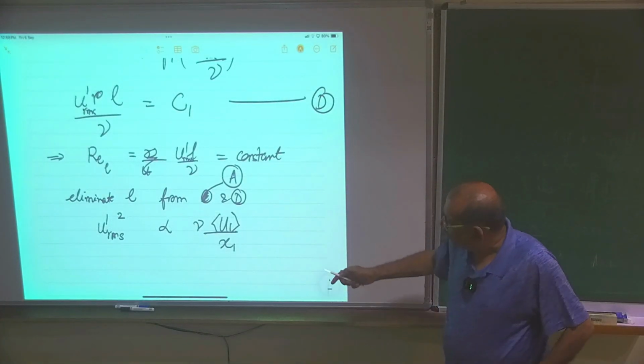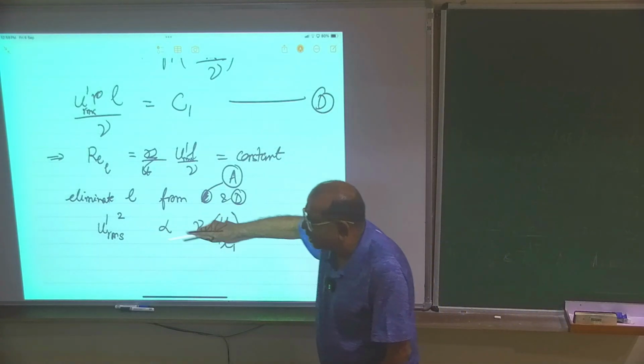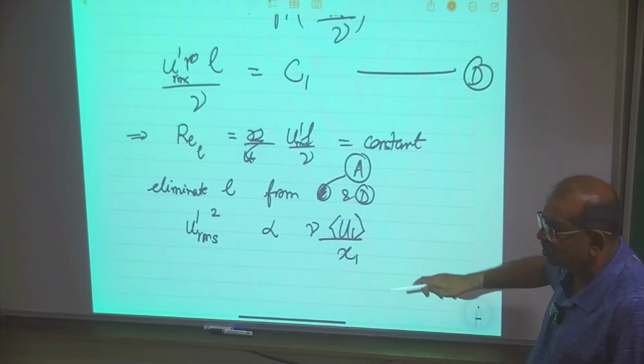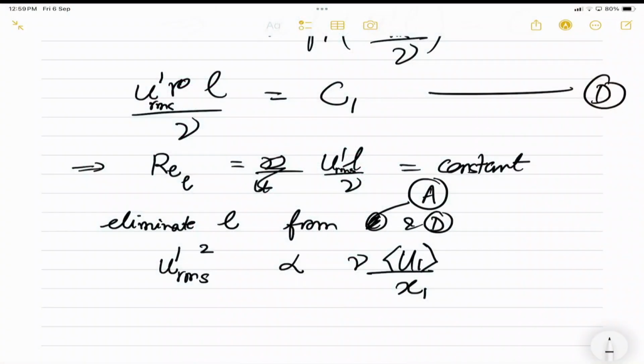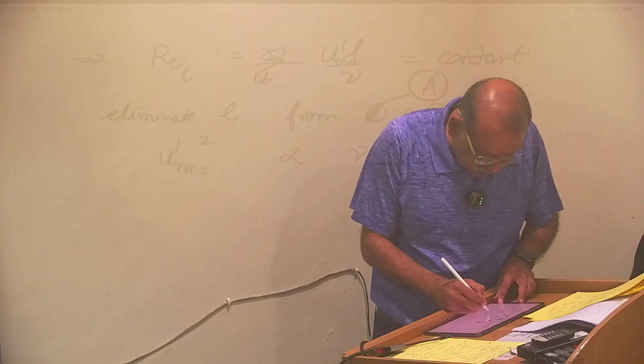So what you find is U prime RMS squared goes like 1 over x. So what this will tell you is that kinetic energy decays.